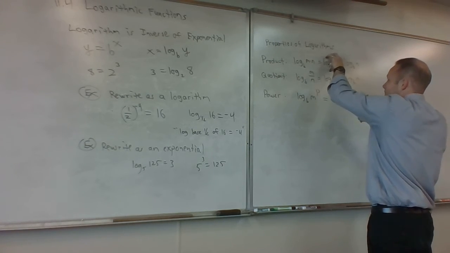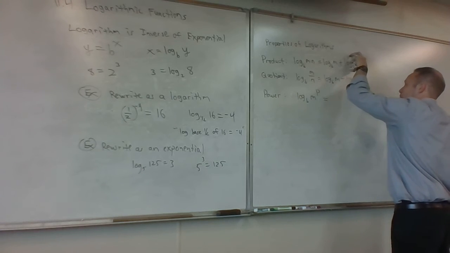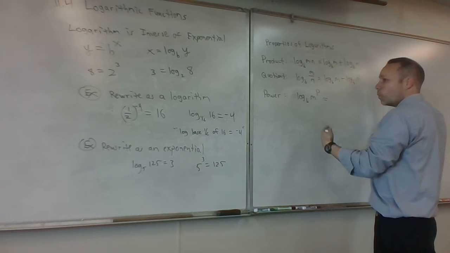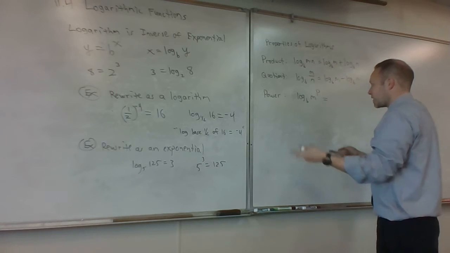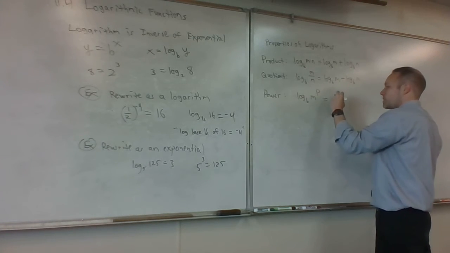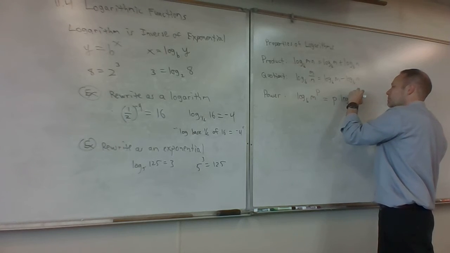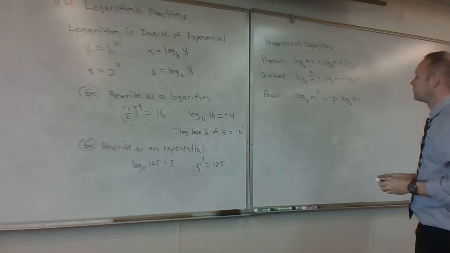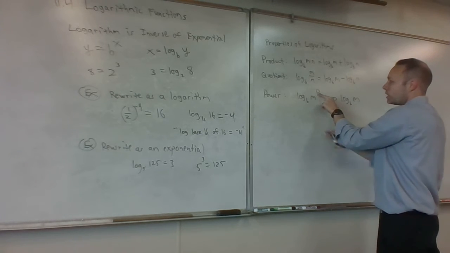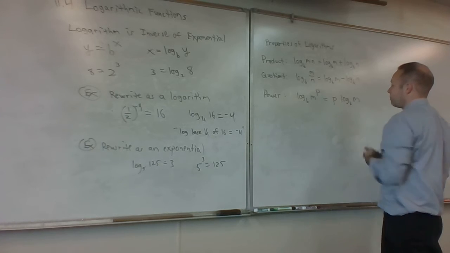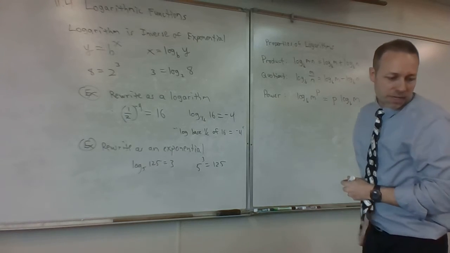Because this whole expression represents an exponent, and this whole expression represents an exponent, so you add the exponents. When you have a power of a power, what do you do? You multiply the exponents, and that's what we end up having here. We end up with p times log base b of m, called the power rule. The exponent of what you're taking the logarithm of comes out around and ends up being multiplied by the logarithm. Yeah, that's the power rule.